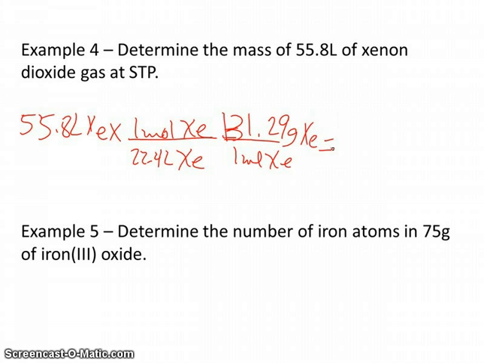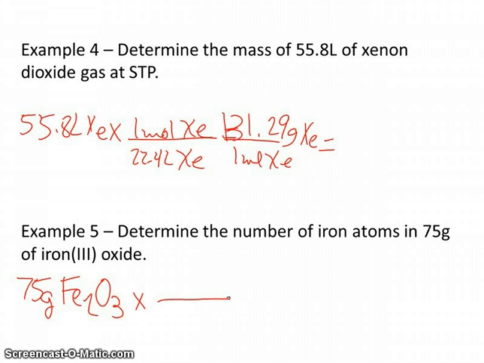We could also find the iron atoms in 75 grams of iron 3 oxide. To do this, we still write down our known, 75 grams of iron 3 oxide. Refer back to your nomenclature and formula writing PowerPoint presentation if you don't remember or understand how I came up with Fe2O3.